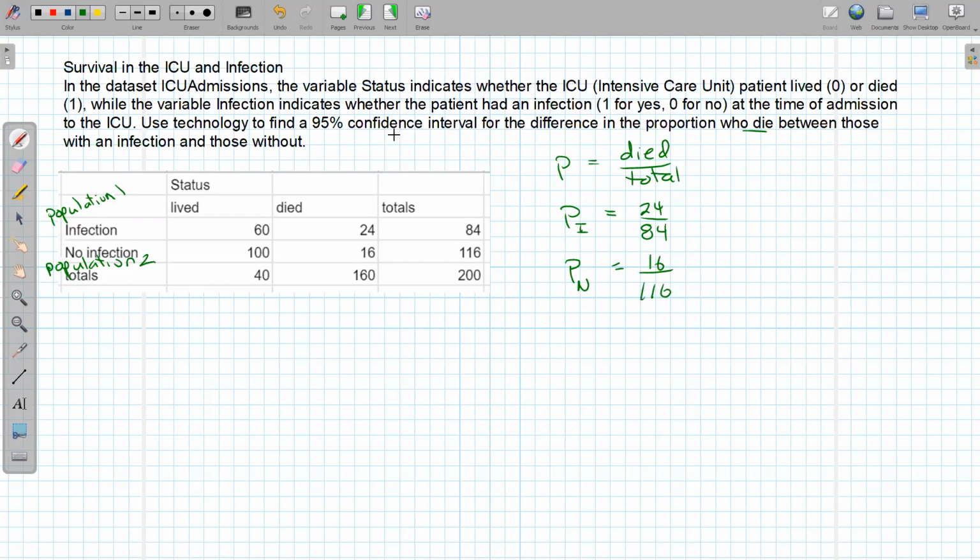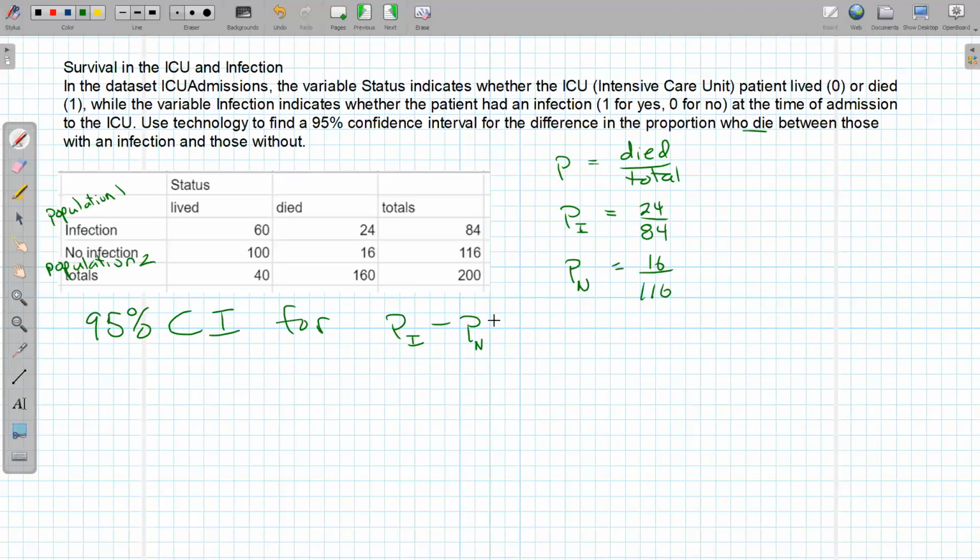And then the thing we're going to look at here is, what is the average difference in these proportions? PI minus PN. So we're going to do a confidence interval first, a 95% confidence interval for the proportion with an infection that died minus the proportion without an infection that died.